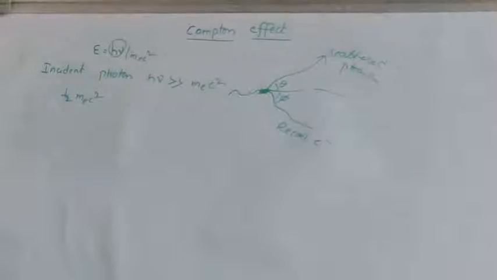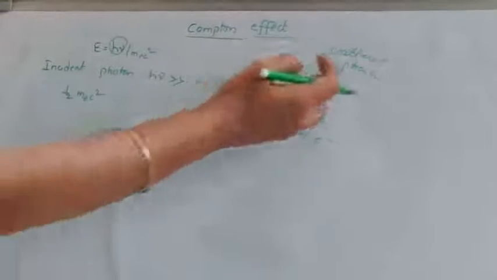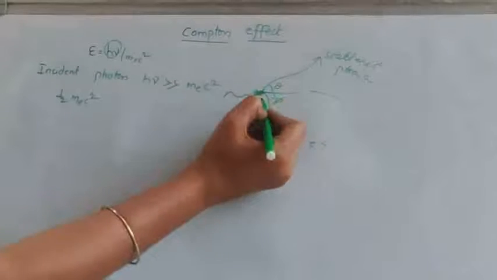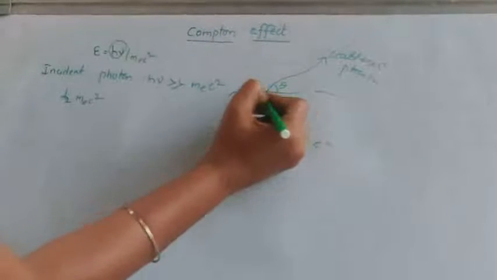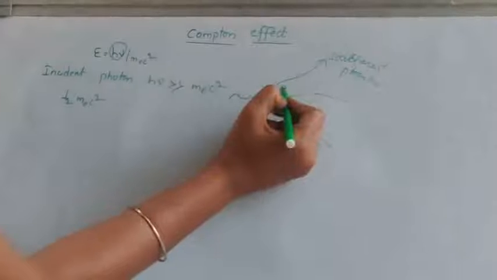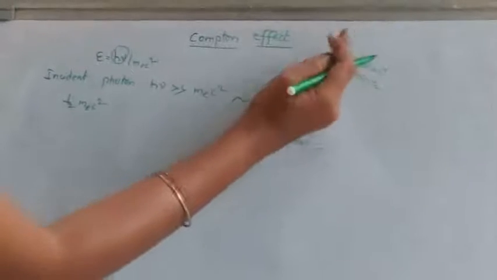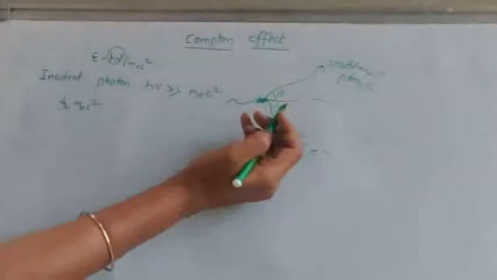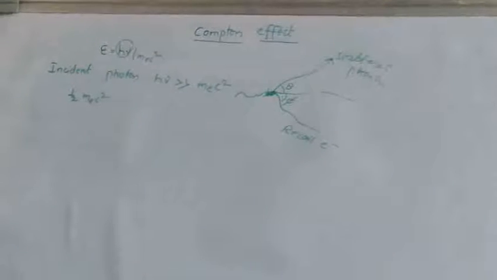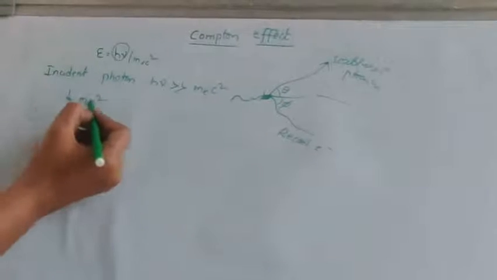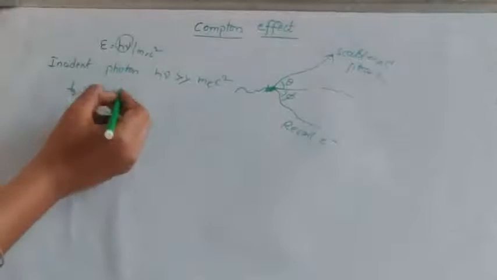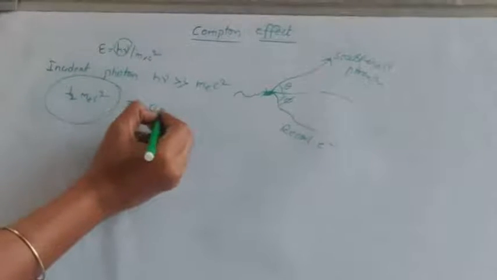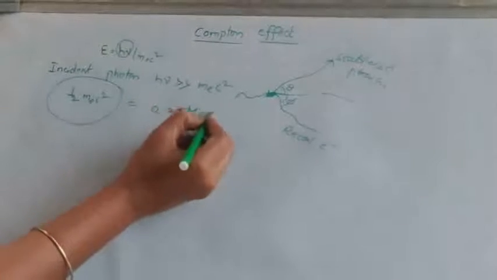Now what I am saying is that the back scattered photon means the incident photon is scattering with angle theta, and again it comes back to the original position. It's nothing but the back scattered photon. This back scattered photon approaches the value half of this m e c square, then the value of this term becomes 0.25 mega electron volt.